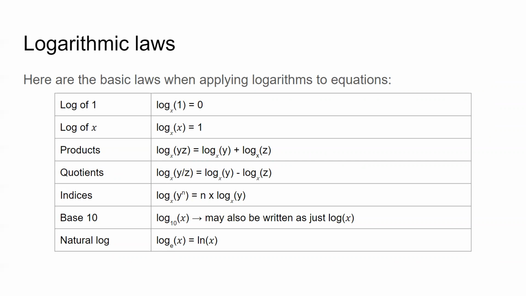The natural log, so log to the base e of x. E is a constant irrational number, very similar to pi. It's very useful in maths and science, and everywhere you look, you'll normally see it written as ln of x, the natural log of x.